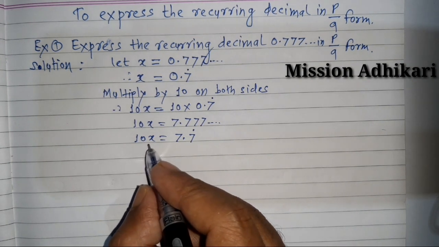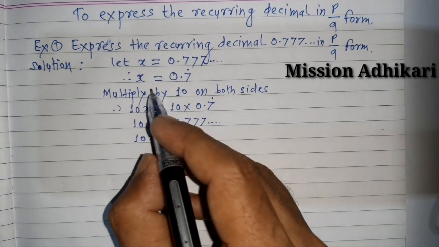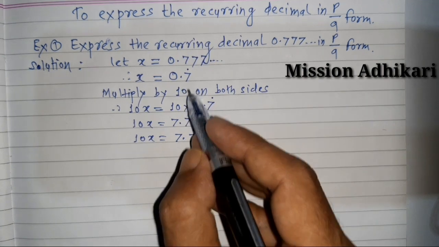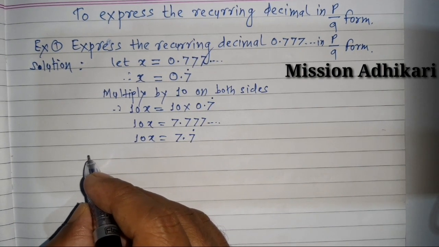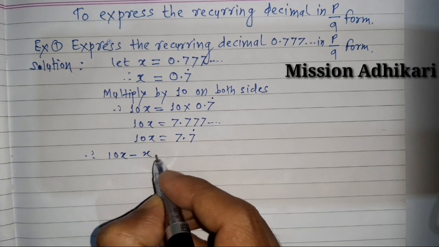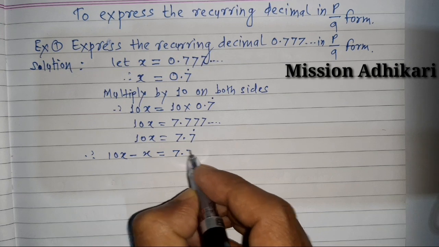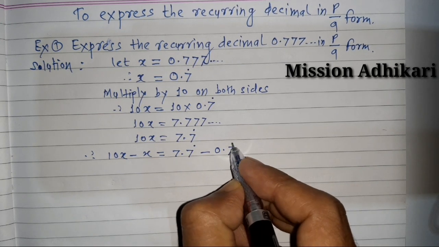Now subtract x is equal to 0.7 from 10x is equal to 7.7, means 10x minus x is equal to 7.7 recurring minus 0.7 recurring.